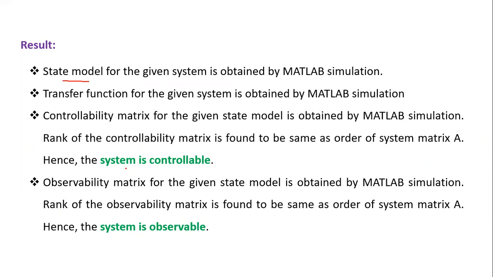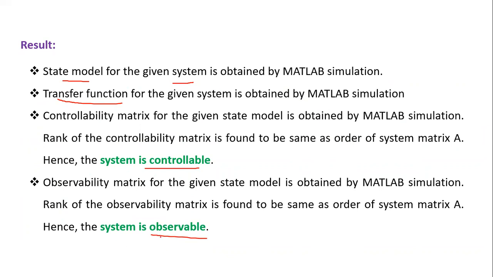And again in the second case, the state model is there, and that state model also we converted into the transfer function. Both state model to transfer function and transfer function to state model. And now for the same system, we are checking whether the system is controllable or not, and whether it is observable or not. The given system is controllable and also observable. We observe this both theoretically and also in simulation.